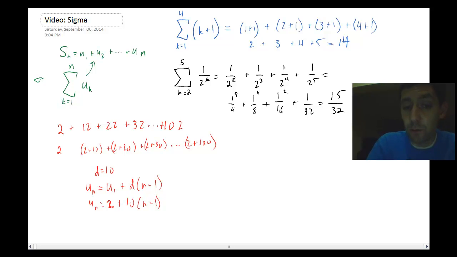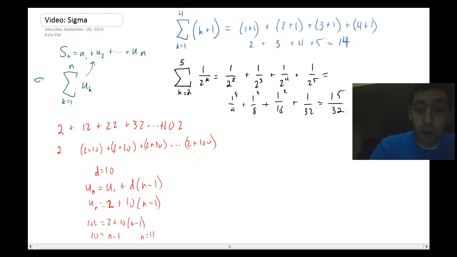If I want to know what that is, you can probably count here if you wanted to, but if you want to do it mathematically, you can do that as well. Just put 102 here, and we go 102 equals 2 plus 10 times n minus 1. We move the 2 over, that makes it 100, divide by the 10, so we get 10 equals n minus 1, and so n is 11.